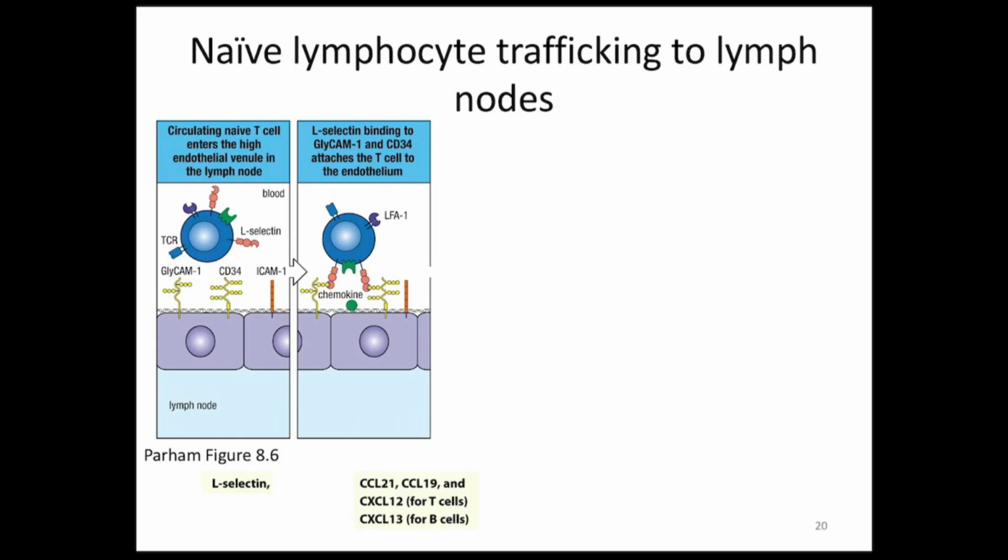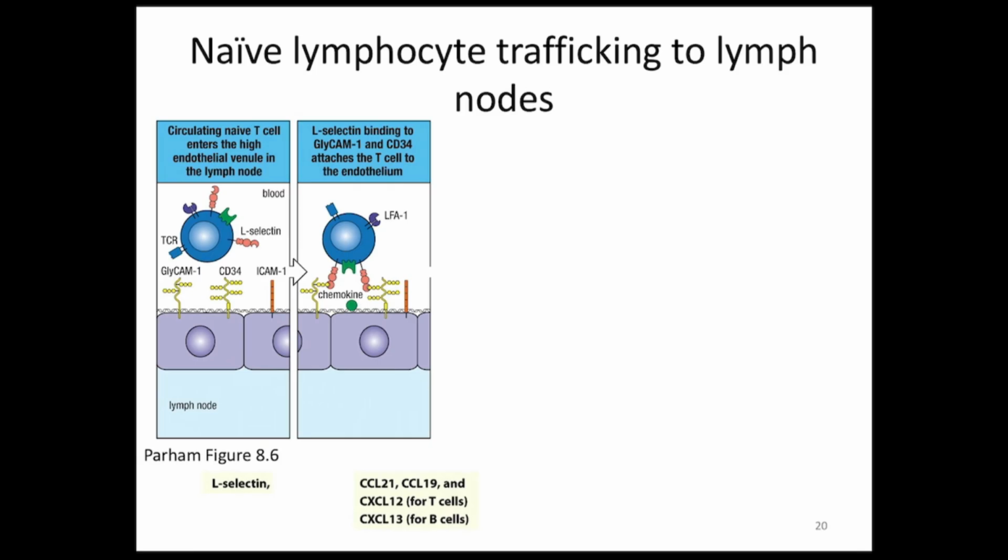In the case of our naive T cell, the naive T cell will have on its surface a chemokine receptor called CCR7.